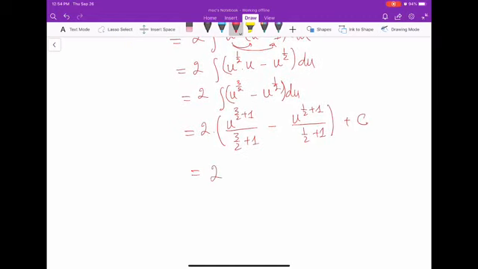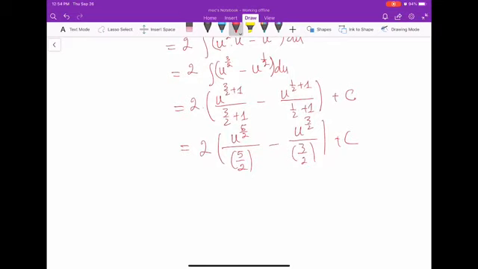And that is 2 times, we have u to the 5/2 over 5/2, minus u to the 3/2 over 3/2, plus c.